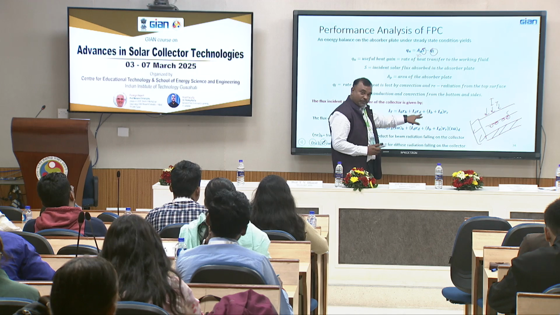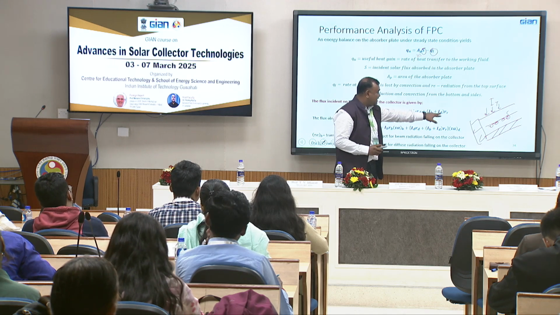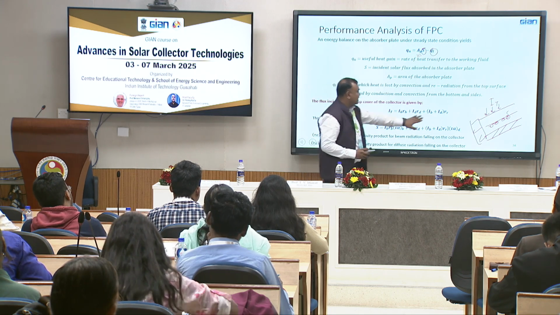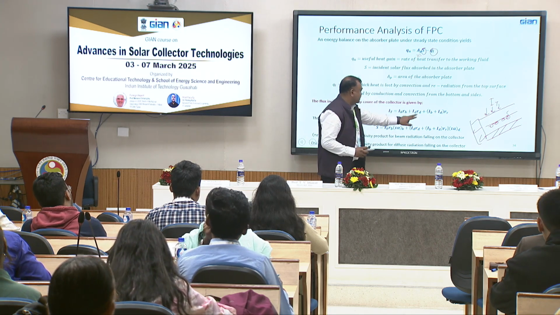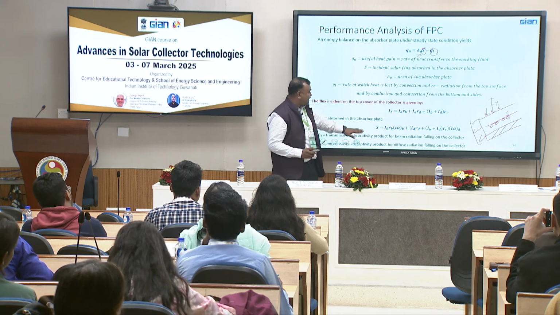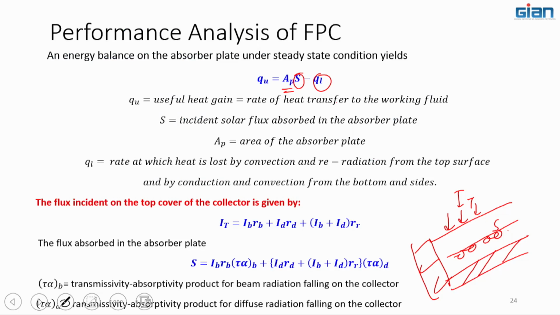This is that coefficient term plus ID RB plus IR RR. Okay, this is reflected radiation. Okay, this is for diffuse radiation. So this flux which is absorbed in the absorber plate has this kind of expression. So now what you need, of course, you can find out this IB by using a device called a pyroheliometer, okay, and then ID by a pyranometer.